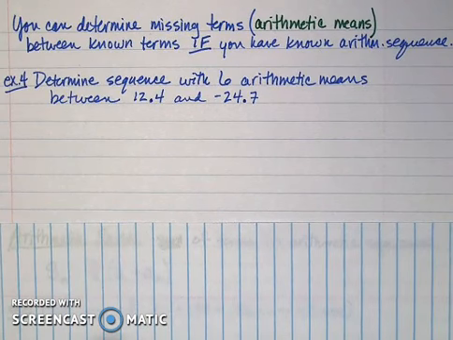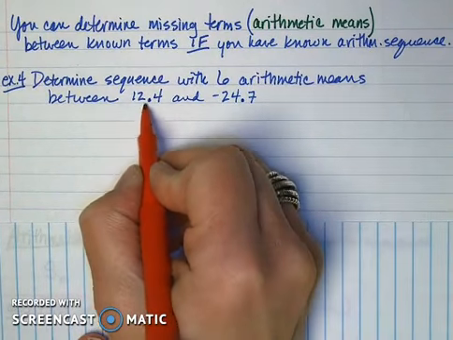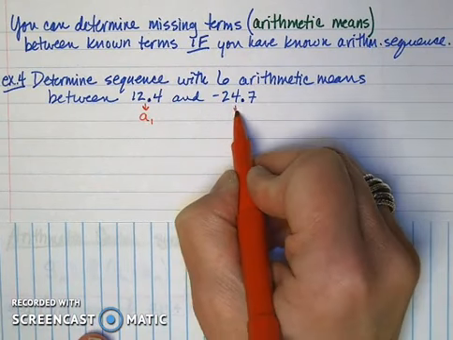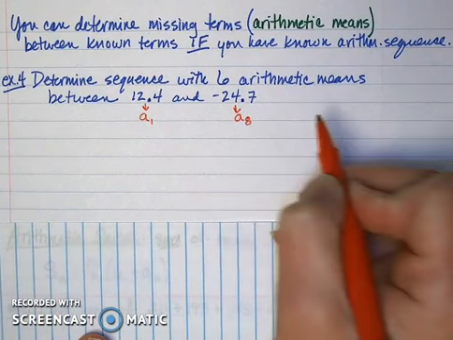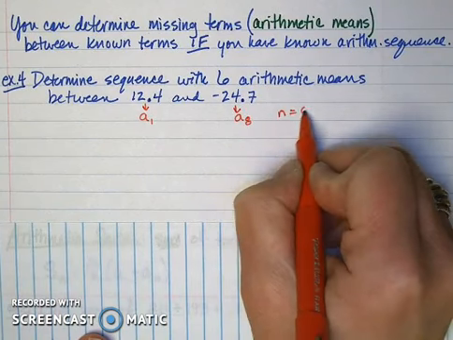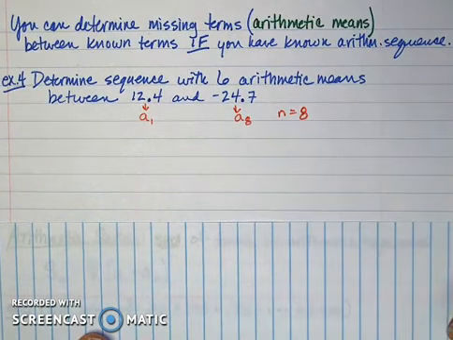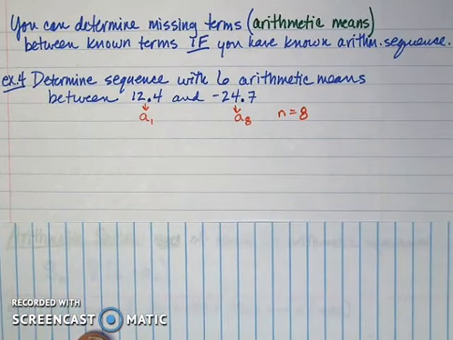Let's think about what you have. You know that this is a sub 1. You know that this is a sub n, or a sub 8. And you know that n is 8. Because you have the 2 terms and you're going to find the 6 means. So let's plug it into our equation.